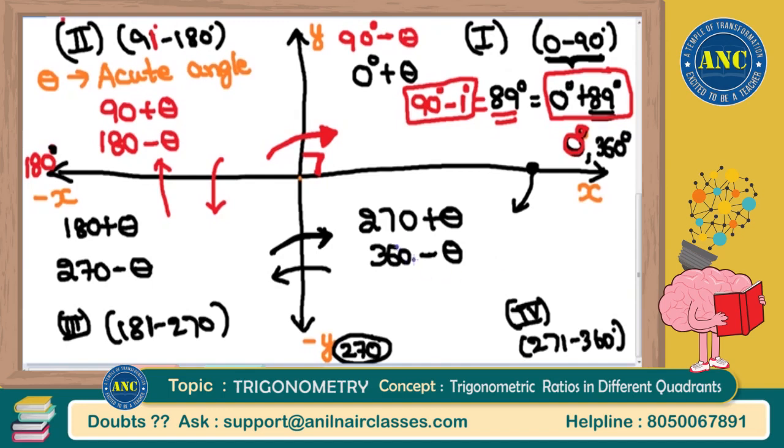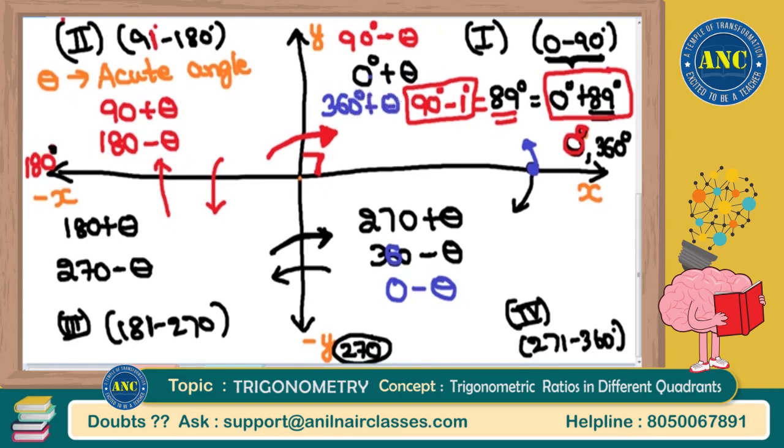So 360 minus theta can also be said as 0 minus theta. That means for the fourth quadrant there are 3 ways of representing. In fact, after this 360 degrees, if I want to come to my first quadrant, add something. So 360 plus something is equivalent to 0 plus something. 0 plus theta can also be written in the first quadrant as 360 plus theta.